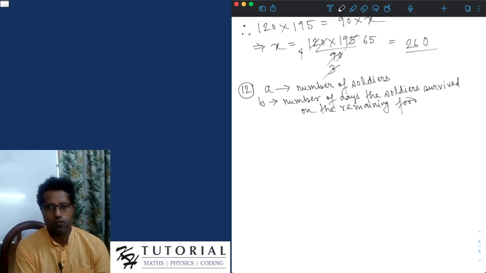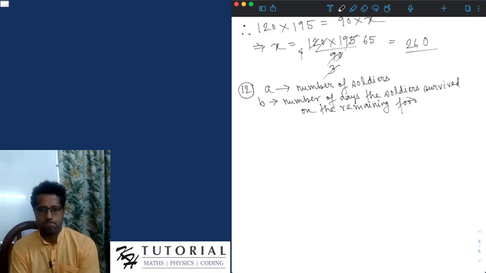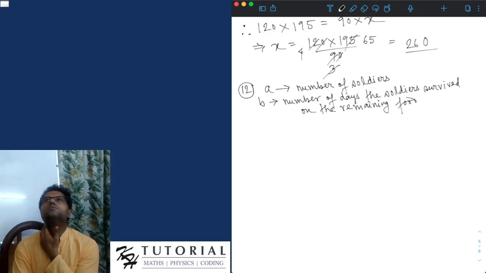So after 4 days, some soldiers were transferred to another fort, and whatever food was remaining, that lasted for an extra 32 days.